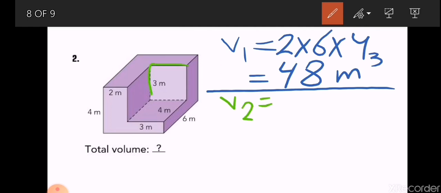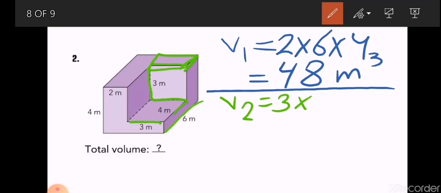I will get this one. This one, the length of it is the same as this one, so 3. Multiply. Now, what is the width of this one? Here, this part is what? The total is 6.